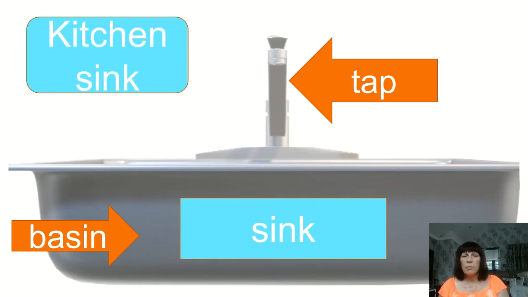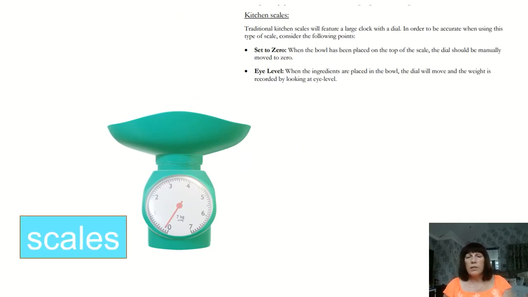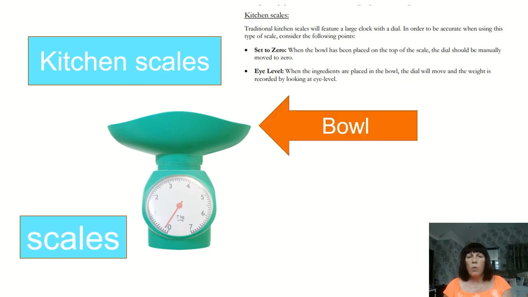Basin. So that's the part of the sink. These are kitchen scales. We say kitchen scales because we use this in the kitchen. This is the bowl and this is the dial to help us weigh ingredients.